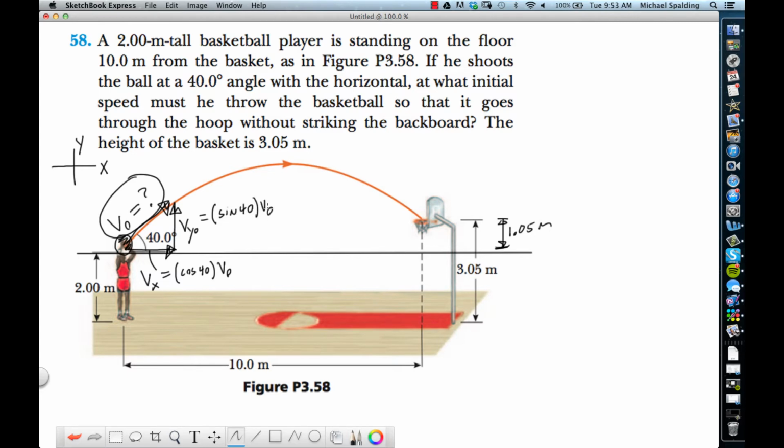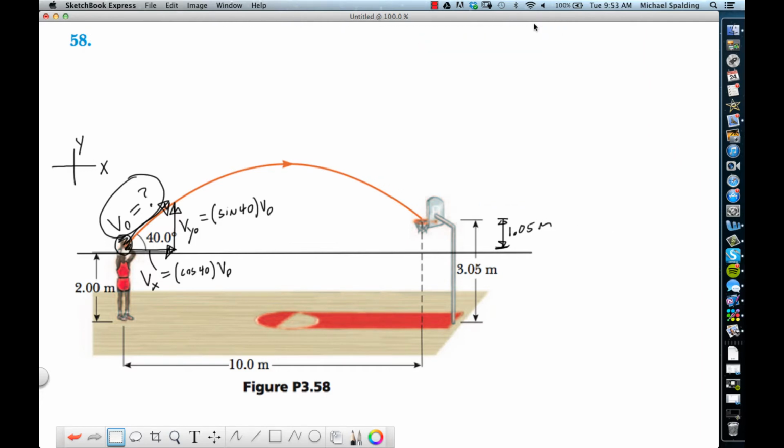So what we have to do to solve this problem is write an equation for the x direction, write an equation for the y direction, and substitute those equations together. The algebra gets a little bit intense, but not too bad. And one thing you got to know is what sine over cosine is, because that's going to be key to simplifying things.